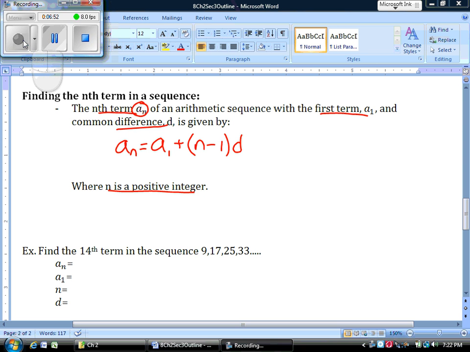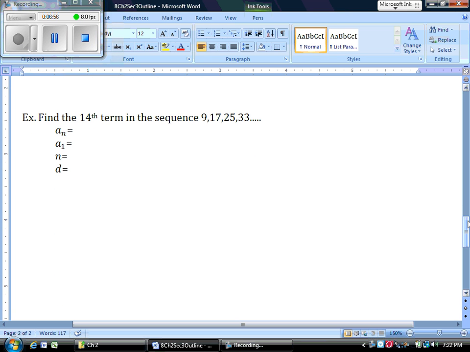All right, let's take a look at this first example here. Find the 14th term in the sequence 9, 17, 25, 33. Okay? We could continue to add 8 every time until we got far enough out. That's going to take you a really long time. So let's go ahead and use this formula. We had a sub n is equal to a sub 1 plus n minus 1 times d.